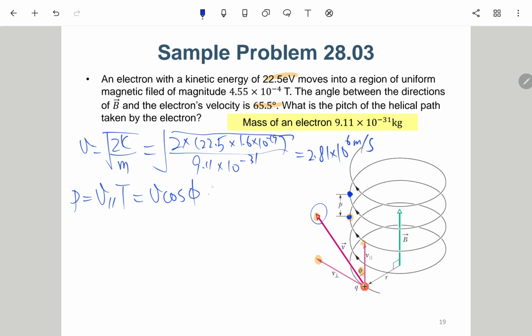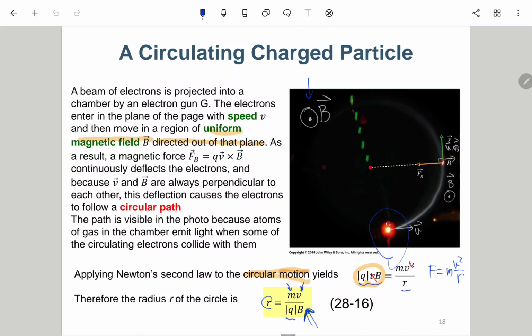Okay, so how do we find the period? Actually, 2 pi r will be the circumference of the circle. So it will be this V times the period. Okay, V times T will be the distance.